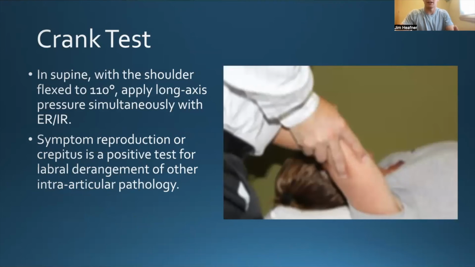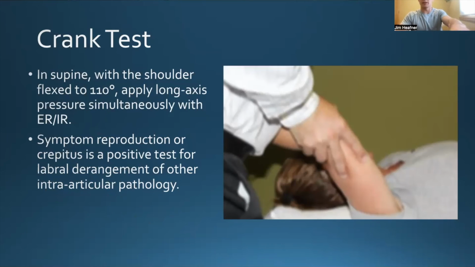But again, you need to use the range of motion, the strength testing, and your glenohumeral mobility assessment to determine if you think they have a labral tear. Oftentimes, a repeated popping or a clunking sensation in the shoulder can be an indication that someone has a labral tear.